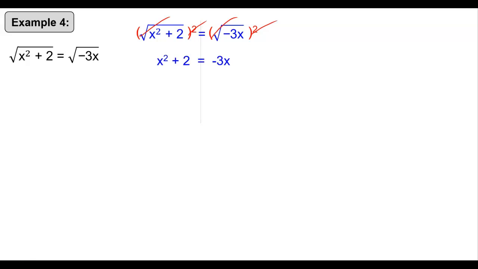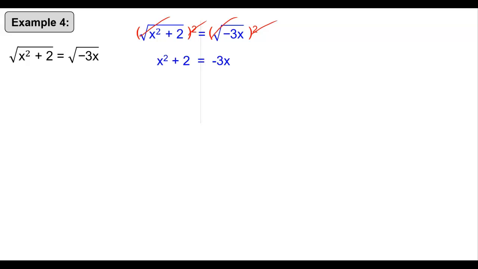Now, do you see how we have an x squared on one side and an x on the other side? This is that weird situation like we did on example 3, where we need to get it all onto one side. This is called a polynomial, quadratic. We're going to get everything to one side.